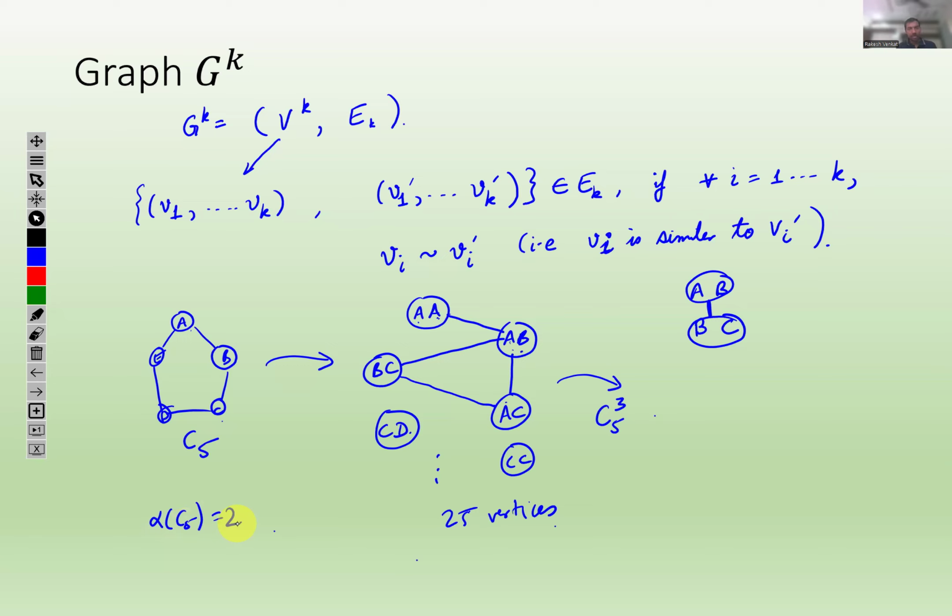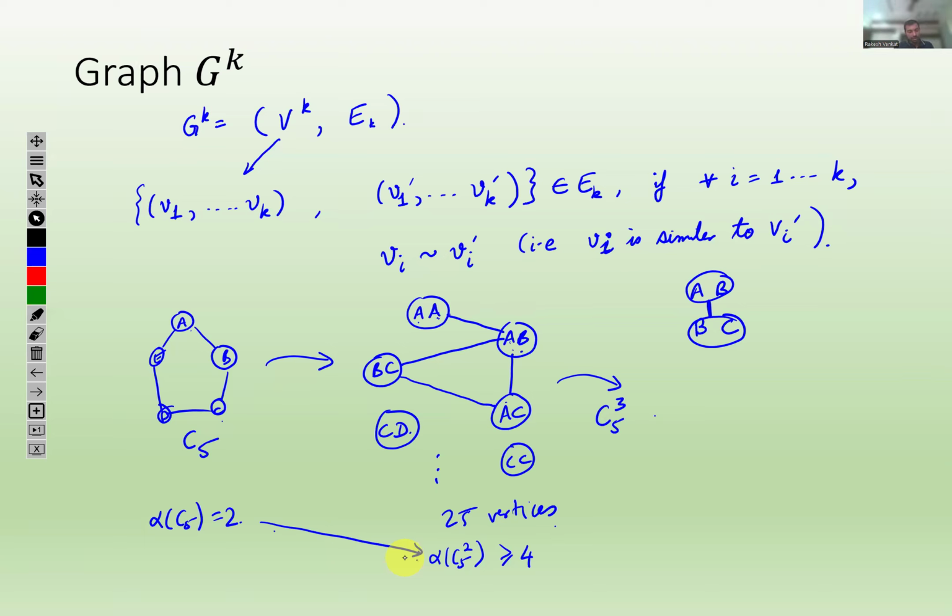Can someone tell me why? There is an independent set of size at least 4 here. So why should this be the case?